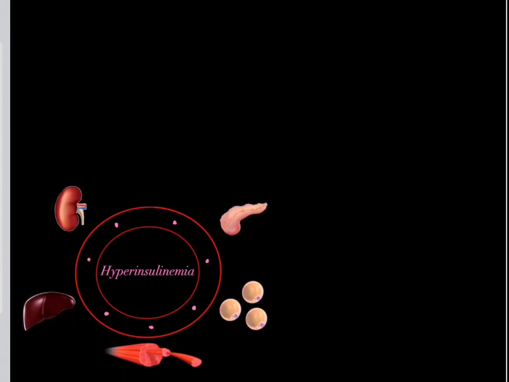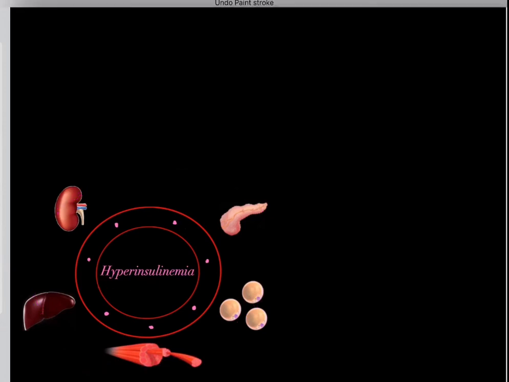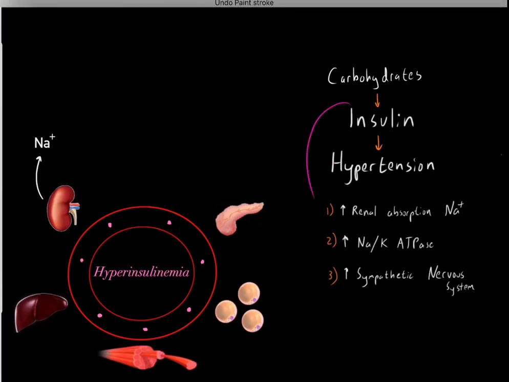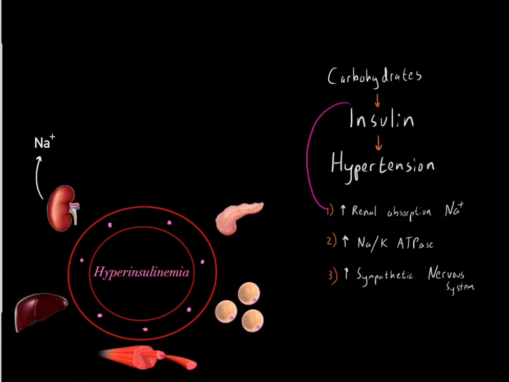Also, sometimes people focus too much on hyperglycemia and forget about the pathological effects of hyperinsulinemia, this excess insulin. For example, high insulin leads to hypertension through various mechanisms, which is really interesting. Usually people don't think of insulin raising blood pressure, but it increases renal sodium absorption.